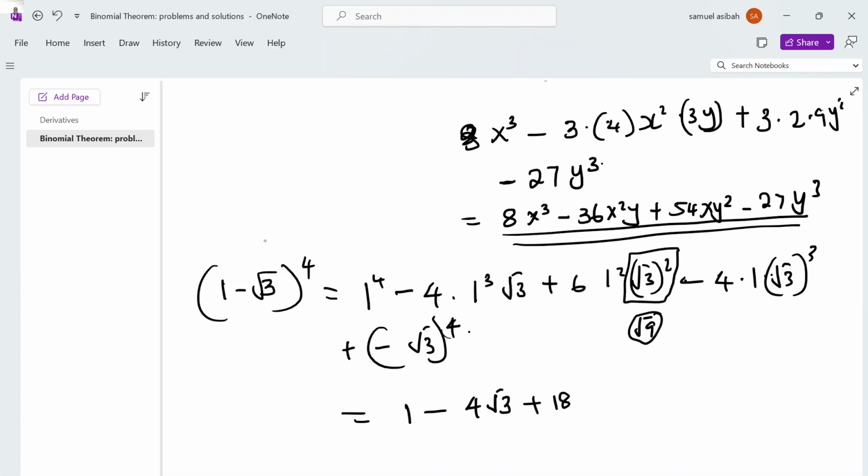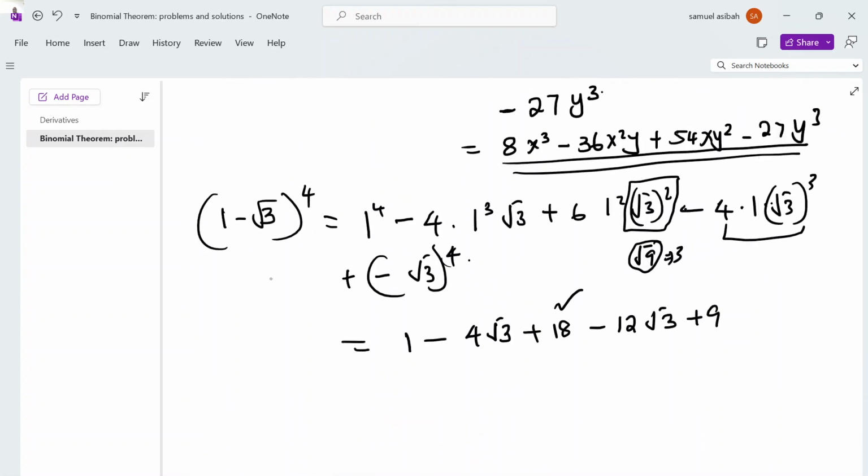Root 9, the square root is 3. 3 times 6, you get 18. That's where these values are coming from. Then minus 12 root 3, then plus 9. So 12 root 3 here, I know many students will have a challenge. Let me just bring it out.